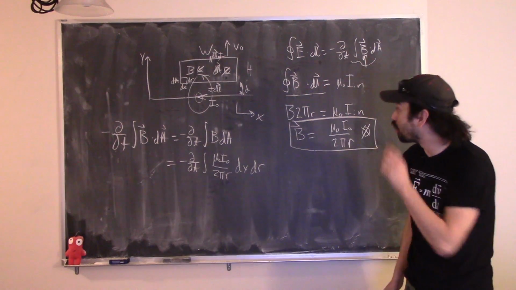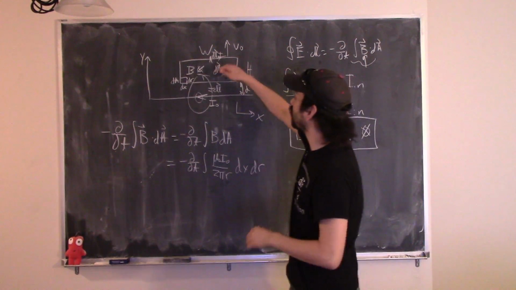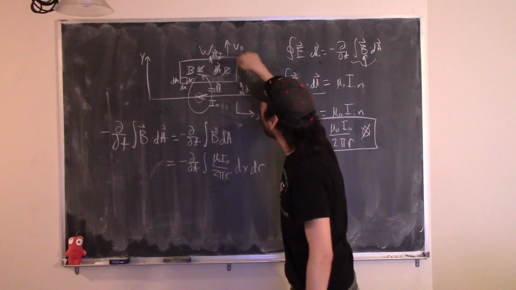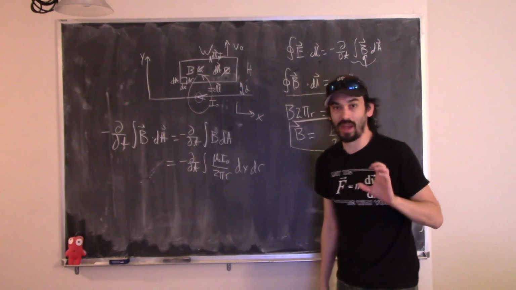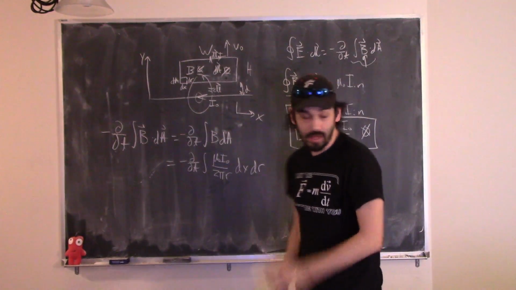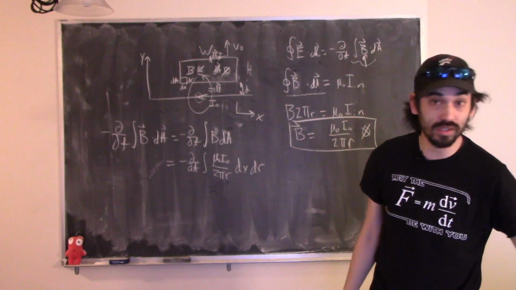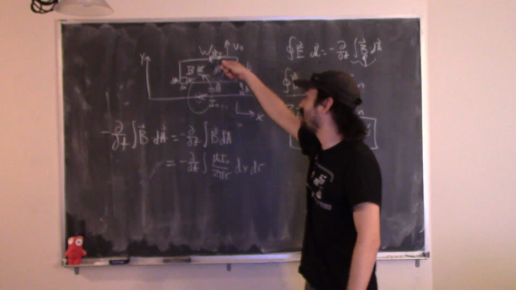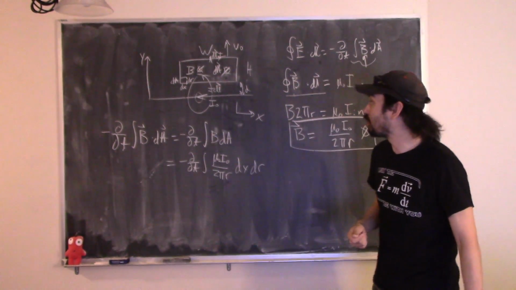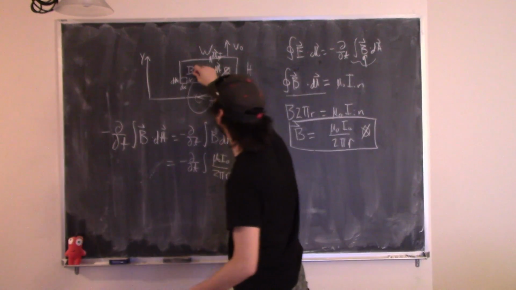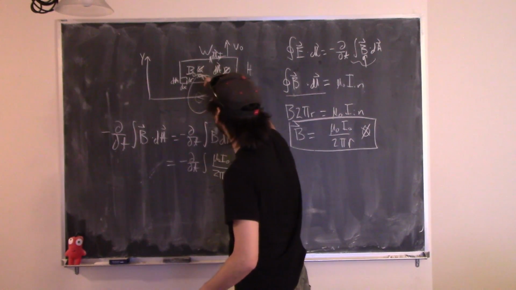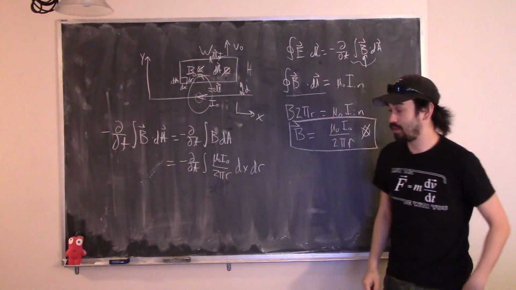So when it says ignore self-inductance, you're right to say that if I have some current that's going to go around here, that's going to produce some magnetic field. But because we're ignoring the self-inductance, we're ignoring that induced magnetic field. So here, if I want to be really explicit, we're only concerned with the external magnetic field.